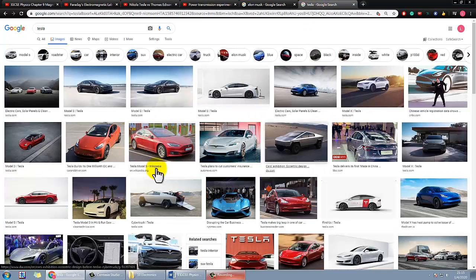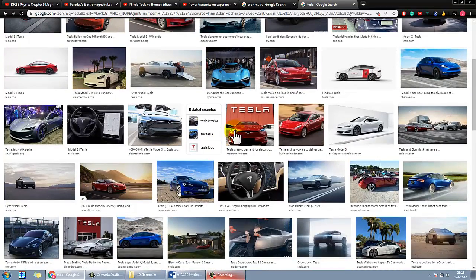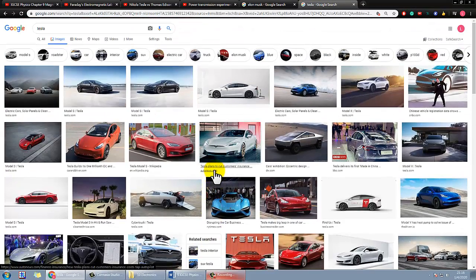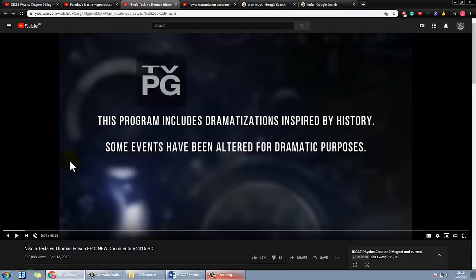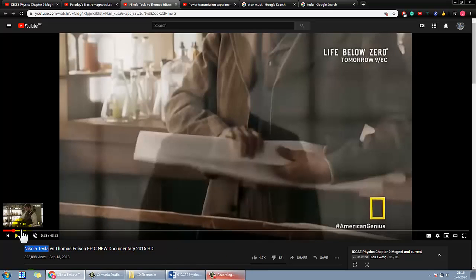Tesla is a car company making electric cars and trying to revolutionize the car industry. So why would he use the name Nikola Tesla? Because Nikola Tesla was one of the greatest, not just scientists but also inventors in the world, because he invented the AC power grid basically.